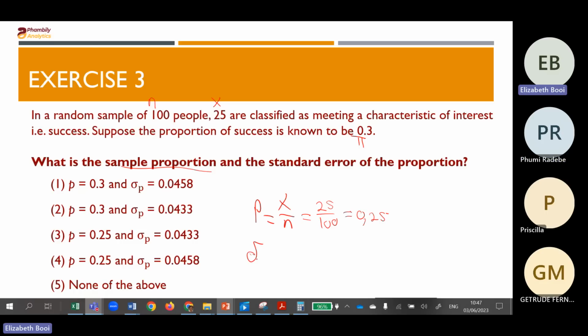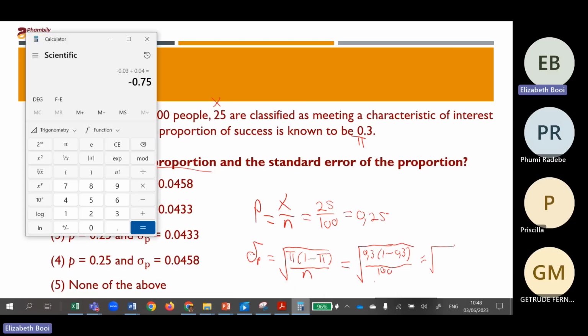What is the standard error? So we just substitute into the formula, which is 0.3 times 1 minus 0.3, divided by 100. 1 minus 0.3 is 0.7.